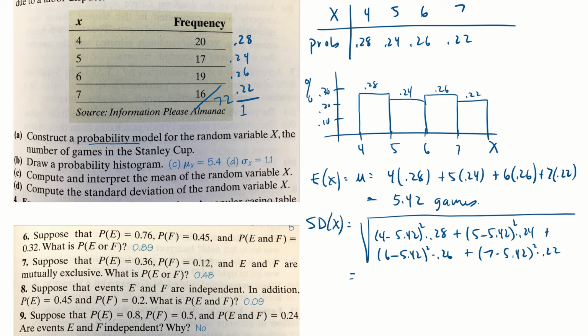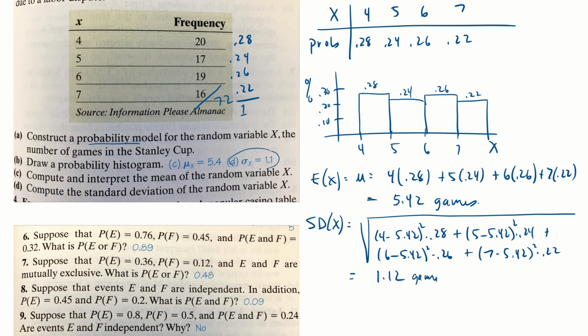What I said is exactly what I put in there. Close parentheses under the radical. We get 1.12. Okay. Yeah, there we go, 1.11. I rounded it. Okay. Games.